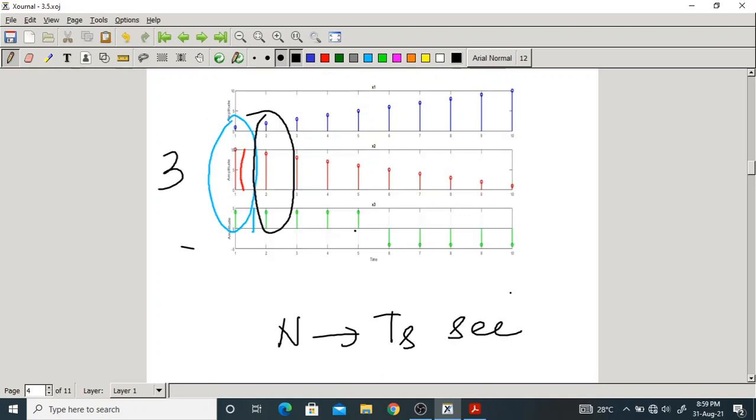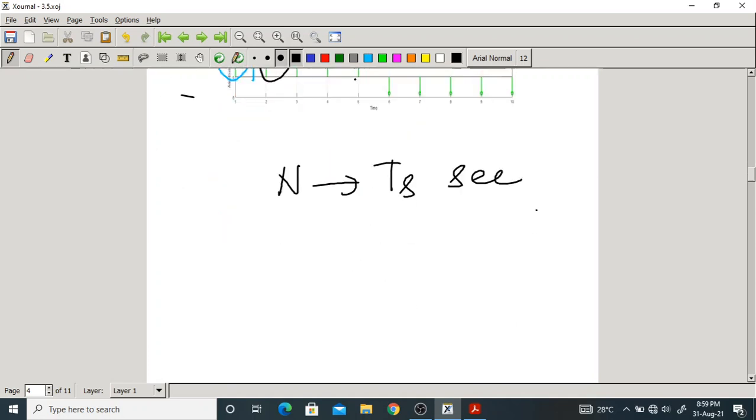But you know these are only samples, so they will be quantized and encoded. So n samples, but how many bits? N into n bits, in how many seconds? TS seconds. So what is the bit rate?